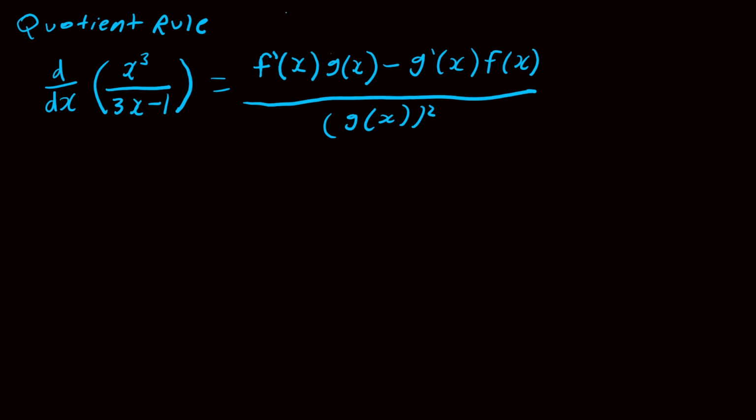Okay, so this is our formula. Again, we pick one of these two. So I'll just say x cubed is my f of x. And then 3x minus 1 is my g of x.